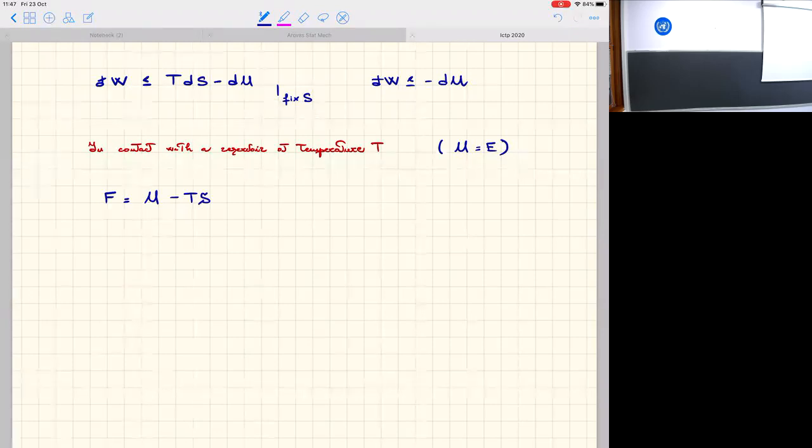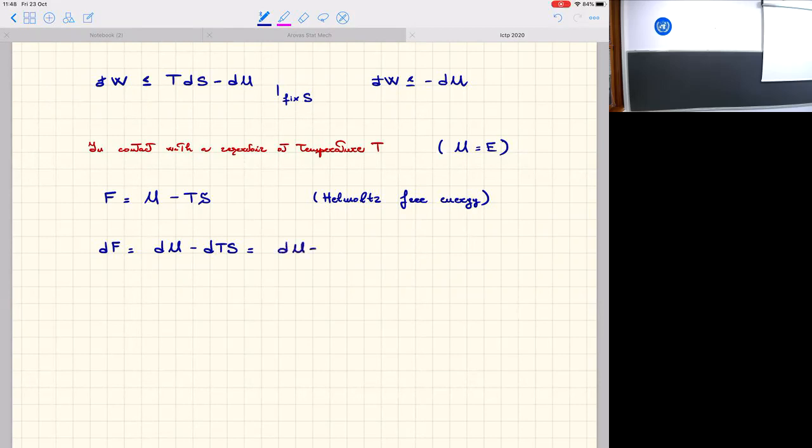But it happens. Anyway, this object here is called the Helmholtz free energy. It's a very important object in statistical mechanics. We will see it when we define the partition function for classical statistical mechanics. But for the moment, the only trick when you consider this is the following: when I take a differential dF, this is equal to dU minus d(TS). But d(TS) is TdS plus SdT, right?